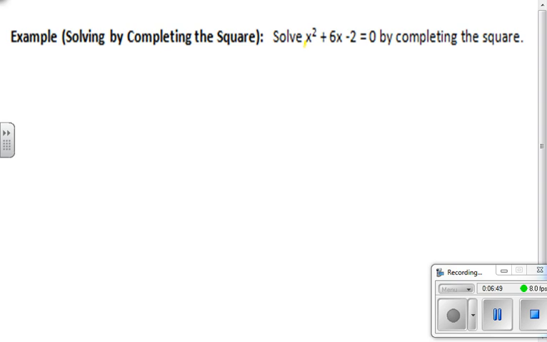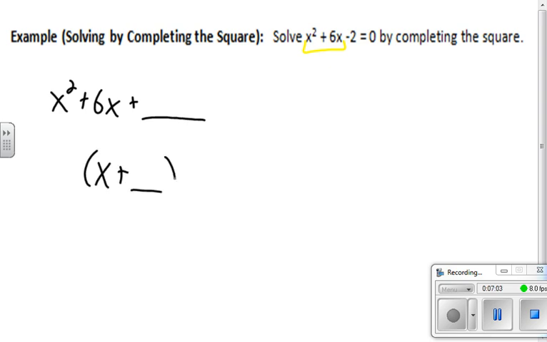To do so, we look at just the first part, this x squared plus 6x. And we want to make that a perfect square. So remember, that's going to be plus something to give us a perfect square. So x plus something squared. Again, remember, this value here, 6 divided by 2 equals 3.